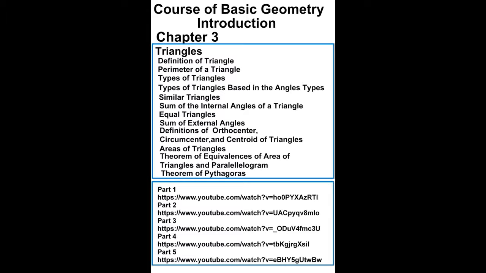This chapter presents the definition, properties, and construction of triangles: definition of a triangle, perimeter of a triangle, types of triangles based on the angle types, similar triangles, sum of the internal angles of triangles, equal triangles, sum of the external angles of triangles, definition of orthocenter, circumcenter, and centroid of triangles, areas of triangles, theorem of equivalence of area of triangles and parallelograms, theorem of Pythagoras.